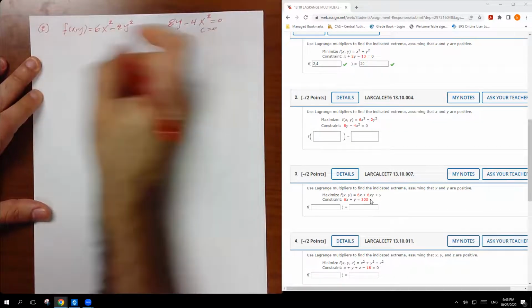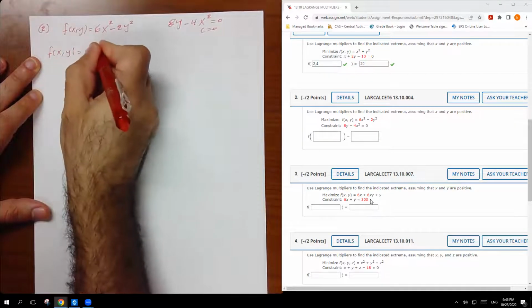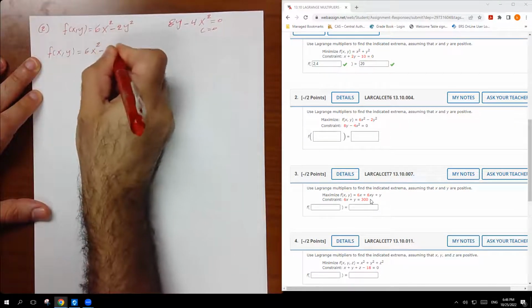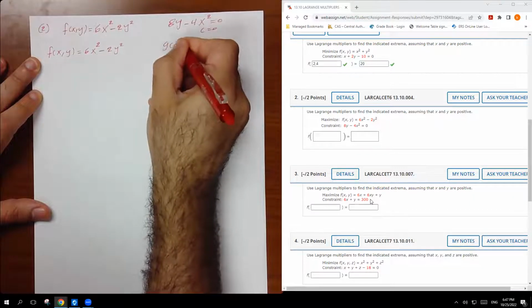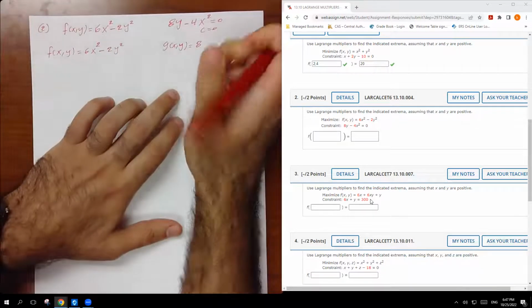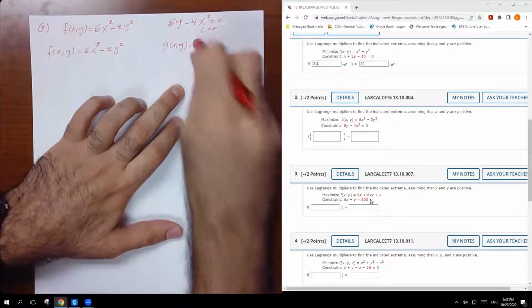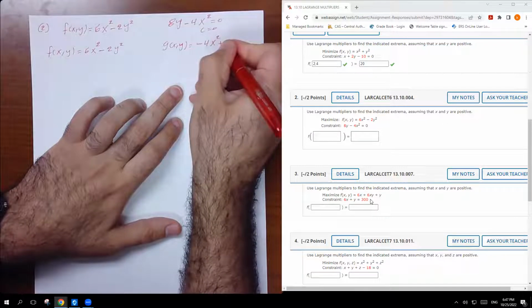So f(x, y) equals 6x squared minus 2y squared, and g(x, y) is going to be, let's flip this one because you're going to get confused, but you can say it's negative 4x squared plus 8y.